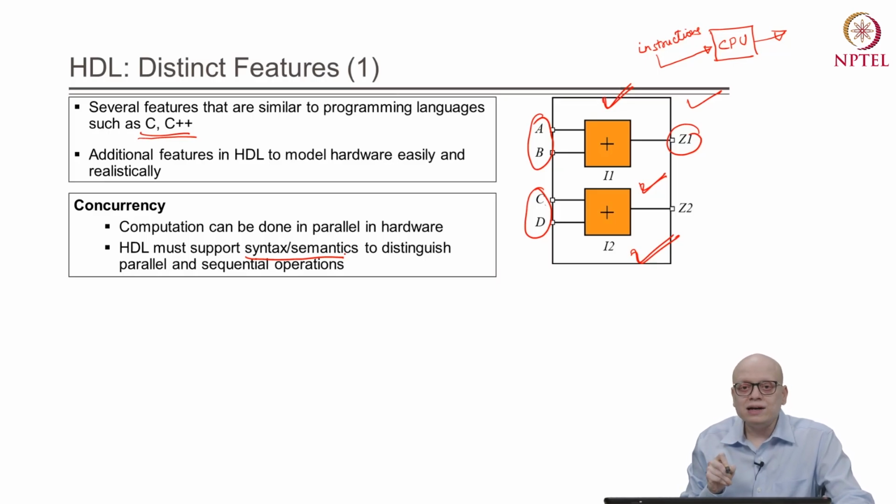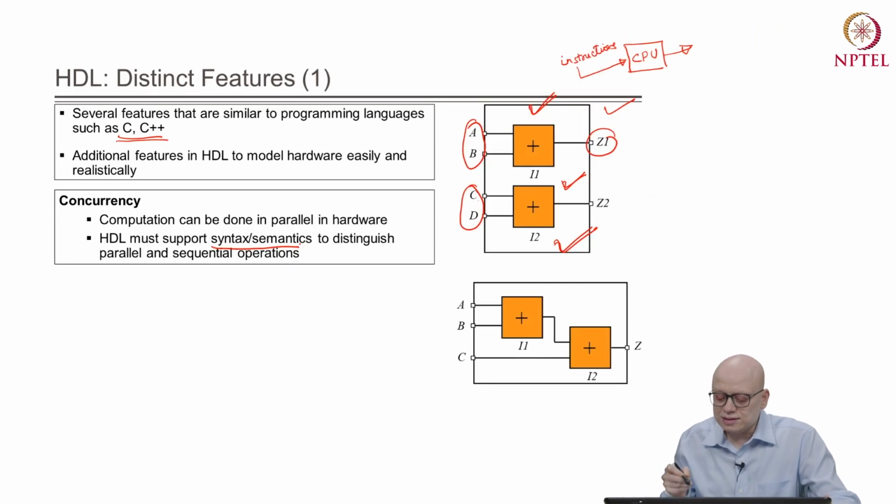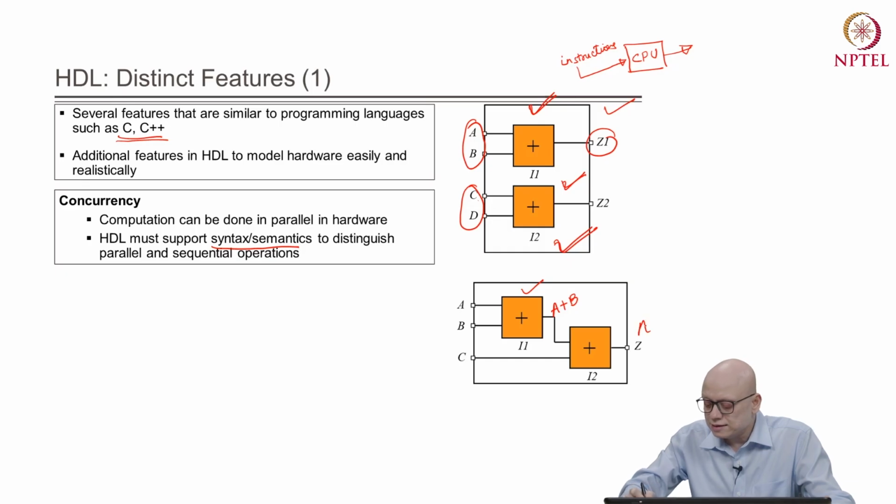Note that in hardware a sequential operation can also be there. For example, consider this circuit. In this there are two adders. The first one is adding A plus B, and the result is produced here as A plus B, and the second adder is adding A plus B and C, and the result A plus B plus C is produced by this circuit. But this second adder can do the computation only when the first adder has done the computation.